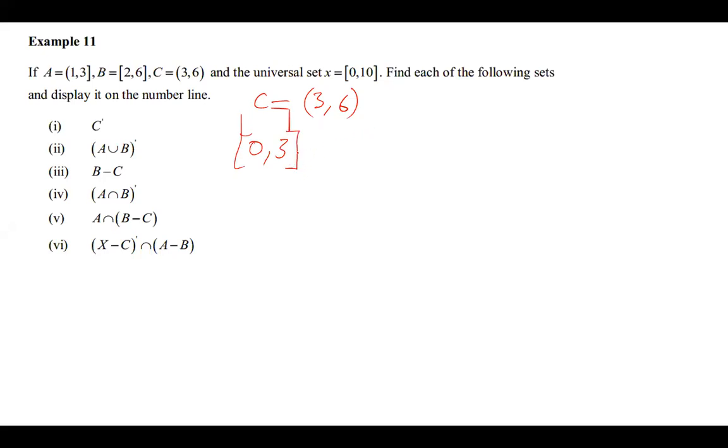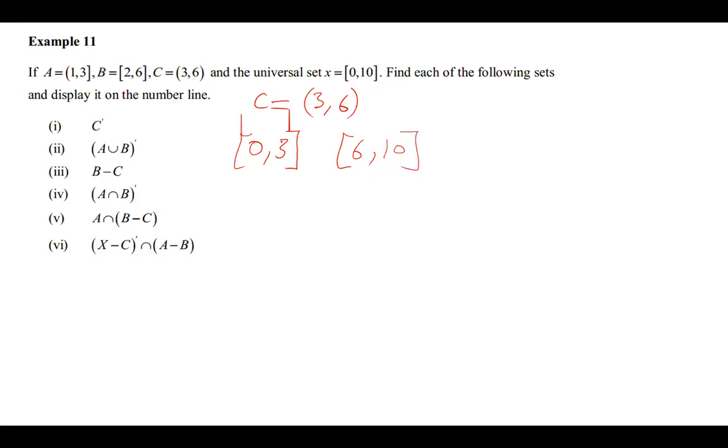And then we also have another set, which is starting from where? From 6. So 6 is not part of set C as well because it's open. It has an open bracket there, meaning it will be part of the complement, so we close it in the complement, and then we write 10 as the last figure there, and 10 is also closed.